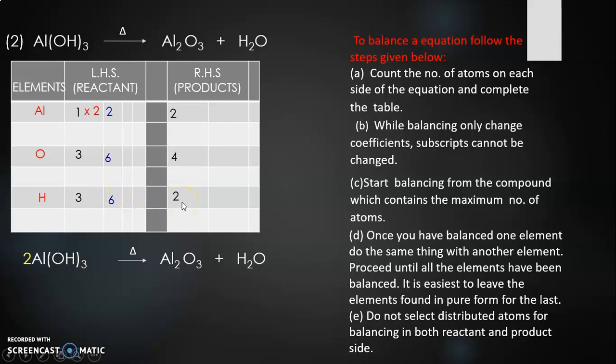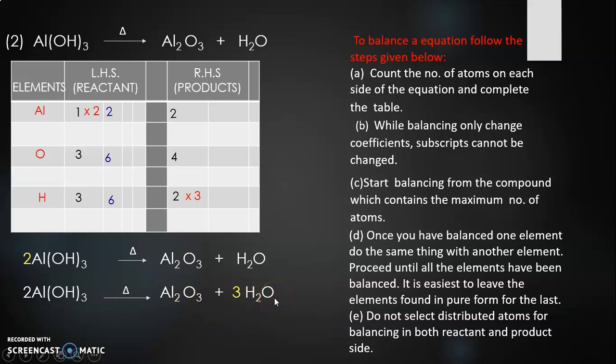So hydrogen becomes easier because 2 3s is 6. So now on the product side, we will write 3 as the coefficient where hydrogen is there. So look on the product side, where is hydrogen? Right, hydrogen is over here. So we place 3 in front of H2O and write the equation as 2Al(OH)3 on heating gives you Al2O3 plus 3H2O.